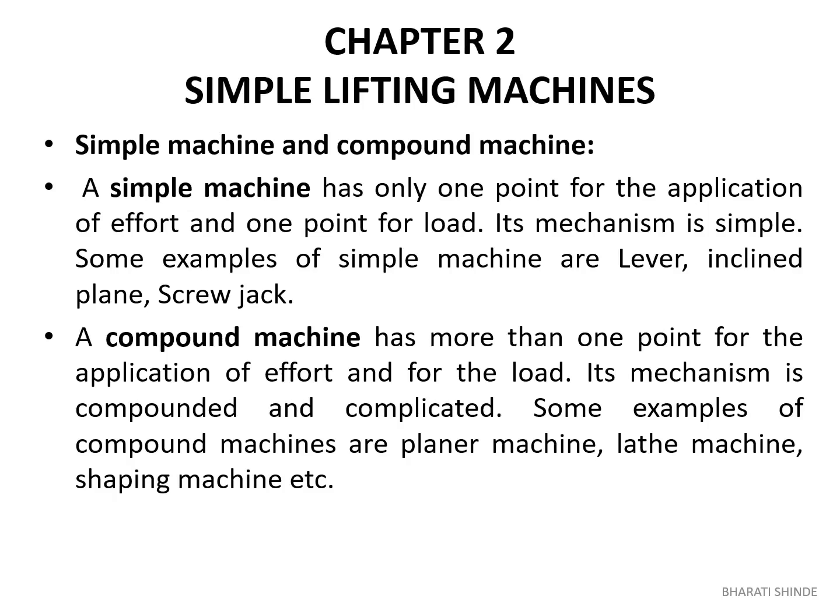Its mechanism is compounded and complicated as compared to simple machine. And examples of compound machines are planer machines, lathe machine, shaping machine, etc. And examples of simple machines are lever, inclined plane, screw jack, etc.